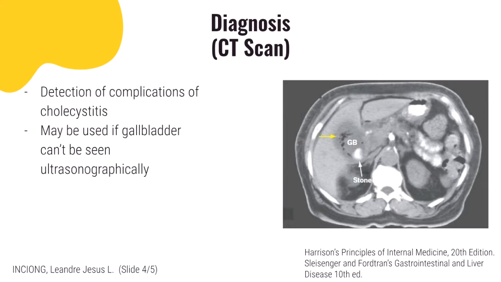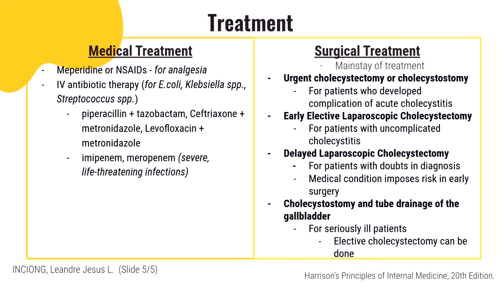So we move on into the treatment of acute cholecystitis. There are two ways of managing acute cholecystitis: medical and surgical. Patients treated medically are given meperidine or NSAIDs for analgesia, and IV antibiotic therapy, which will address the common organisms E. coli, Klebsiella, and Streptococcus.